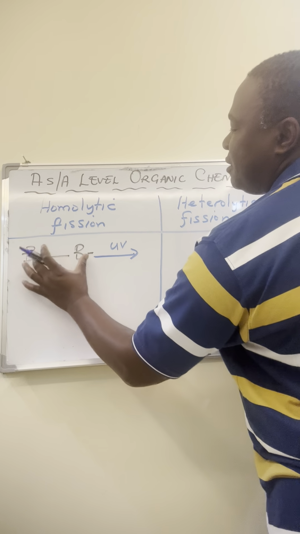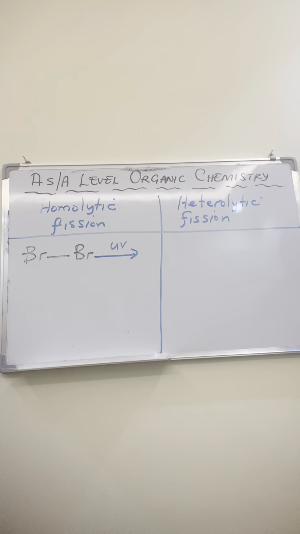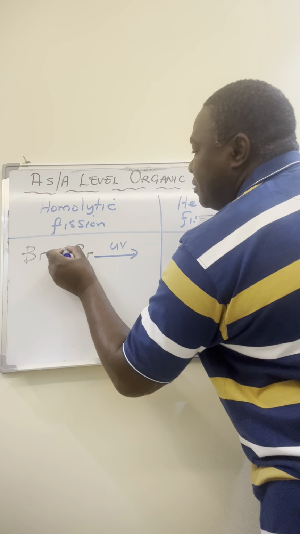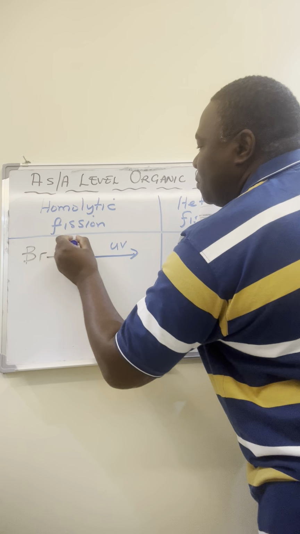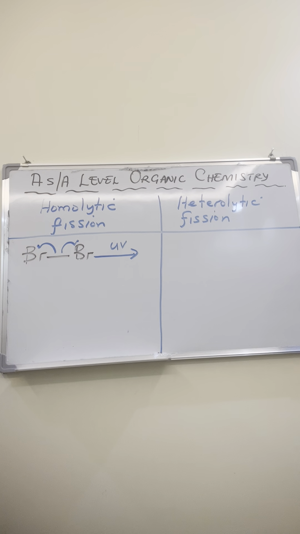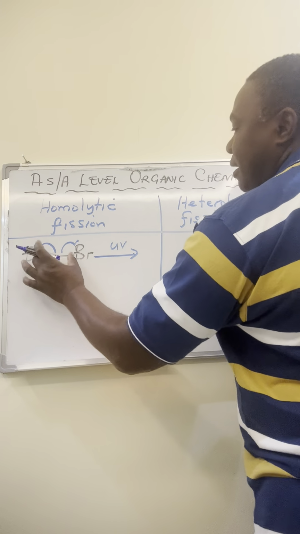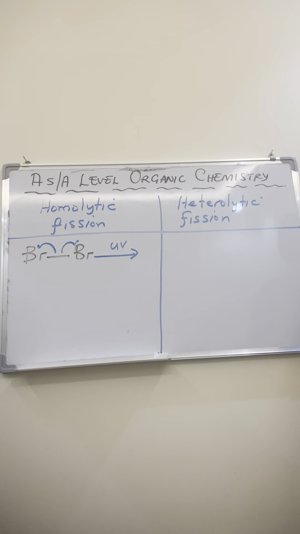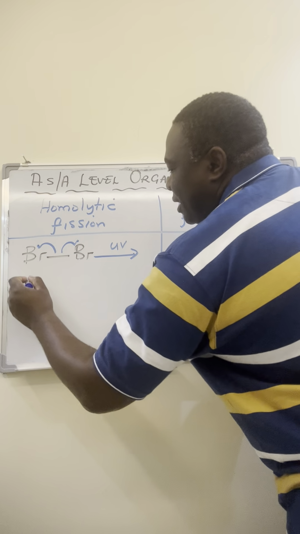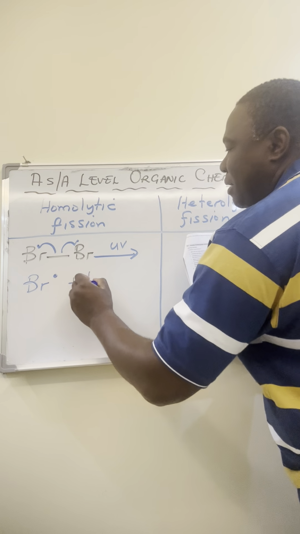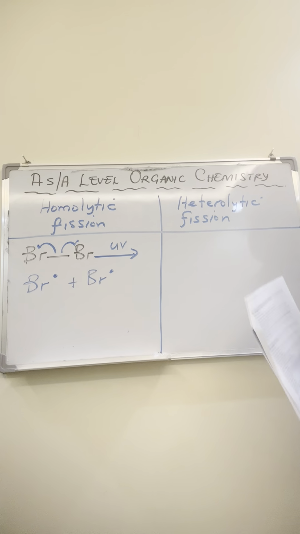Because these atoms have similar electronegativity values, the shared pair of electrons, one electron will go to that bromine atom and the other electron will go to that bromine atom. That's why I'm using a half arrow. One bromine atom ends up with one electron, the other bromine atom ends up with one electron. We produce bromine with one electron plus bromine with one electron.